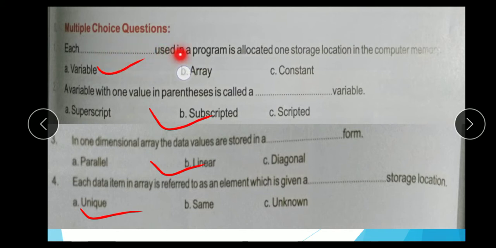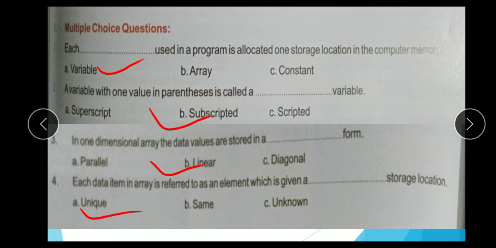Question number 2, a variable with one value in parenthesis is called dash variable. Option A superscript, option B subscripted, option C scripted. Correct option B subscripted.